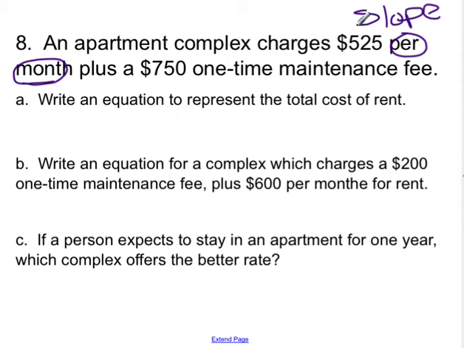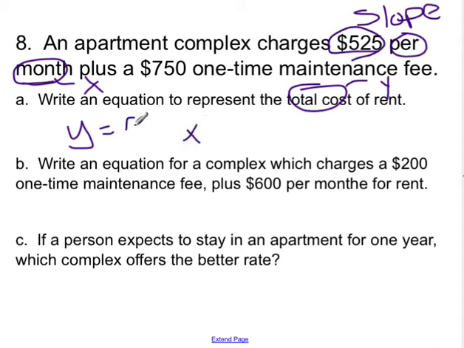So I'm going to let x represent the number of months, and I'm going to let y represent the total cost. So y is equal to, now for every x month that goes by, I have to pay $525. Then I have to pay a one-time fee of $750. So that's kind of like our y-intercept. I have to pay that $750 no matter how many months I'm there. So that's what makes it kind of like our y-intercept.